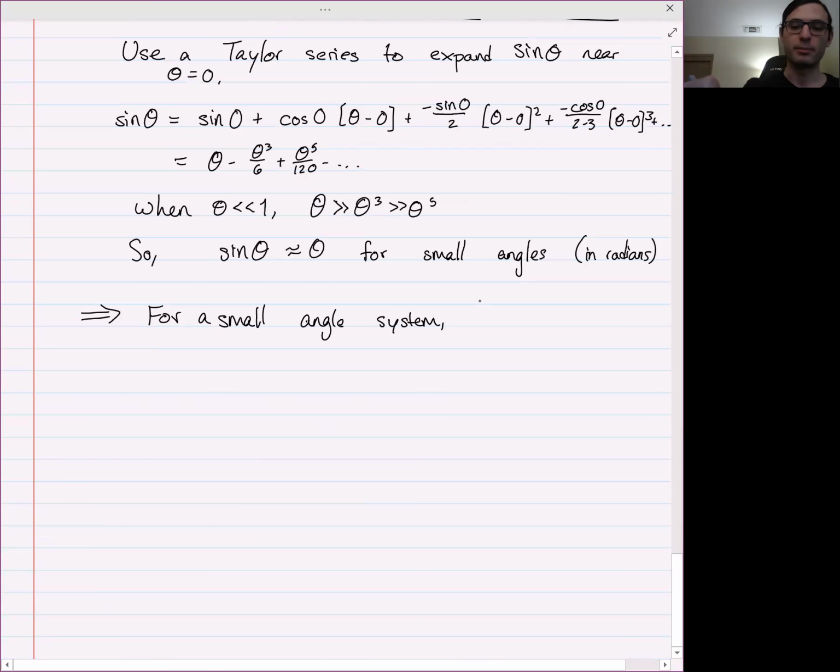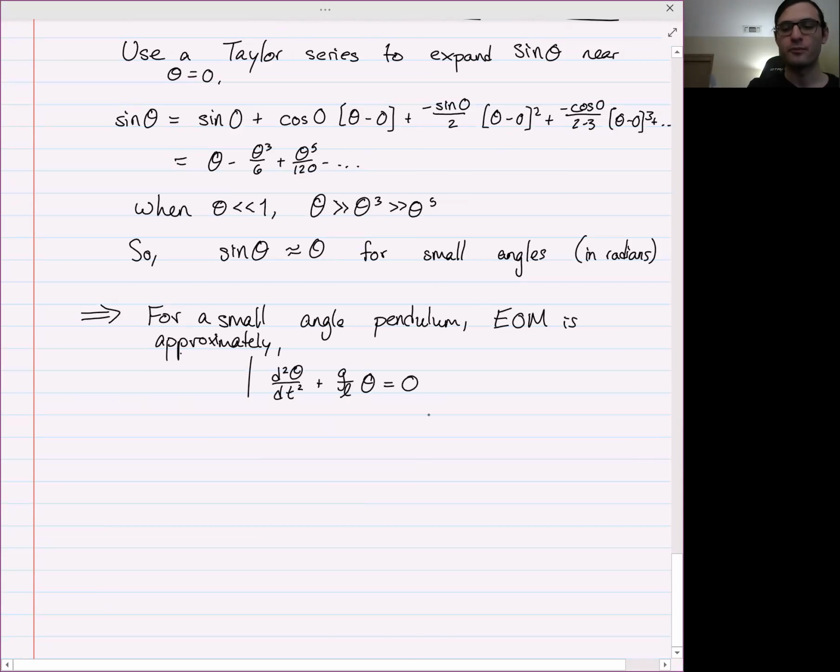For a small angle pendulum, let's say, the equation of motion is approximately, to maybe 1% error or less, d squared theta dt squared, and then we just replace the sine theta with just a theta and set it equal to 0. And so that's our new equation of motion.